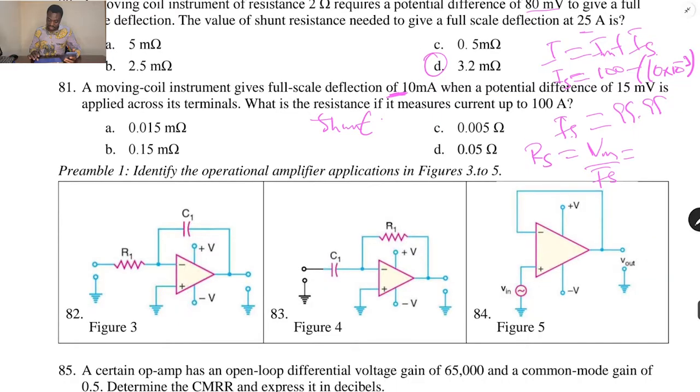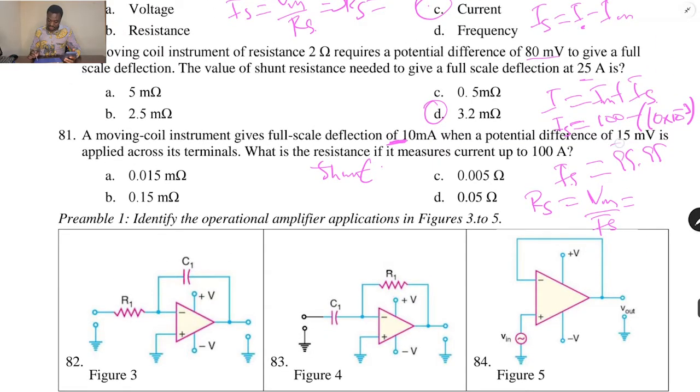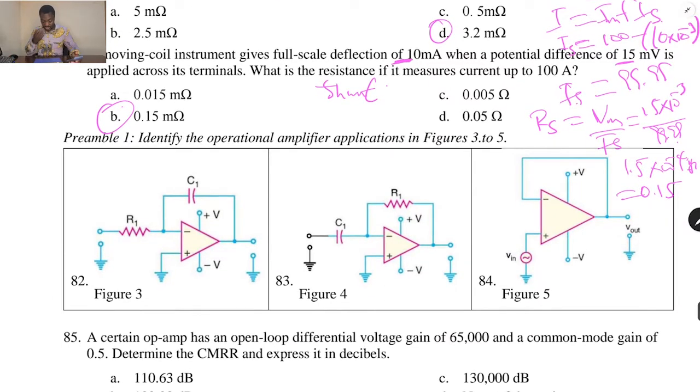This time we have 15 milli divided by 89.99. Taking the inverse times 15 times 10 to the power minus 3, we get 1.5 times 10 to the power minus 4 ohms, which is 0.15 milliohms. So the answer here is B.